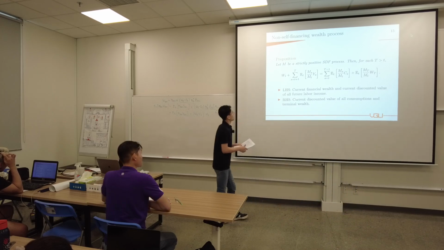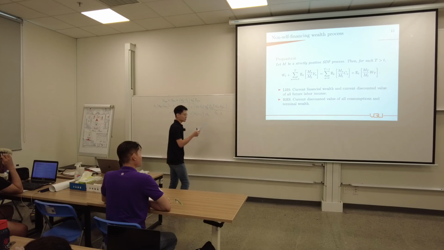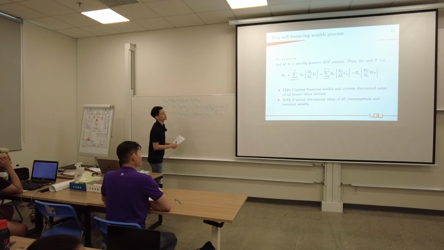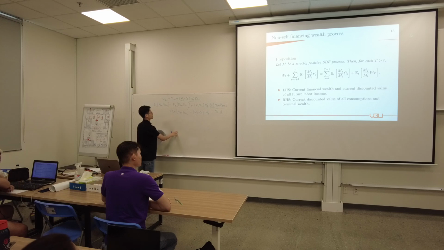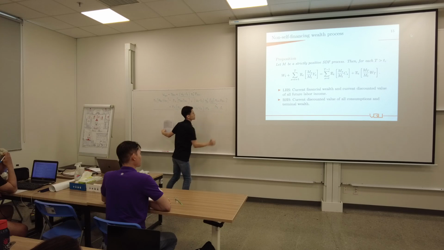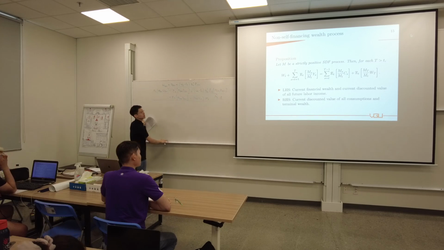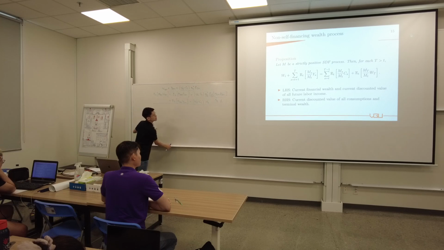Let's say we multiply an m tau plus 1 everywhere. So this is the intertemporal budget constraint, and now we use that equation. We multiply an m tau plus 1 everywhere.